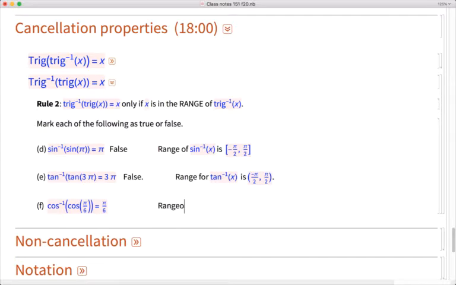This is range for inverse cosine. So this is 0 to pi. This one is true since pi over 6 is in the range.